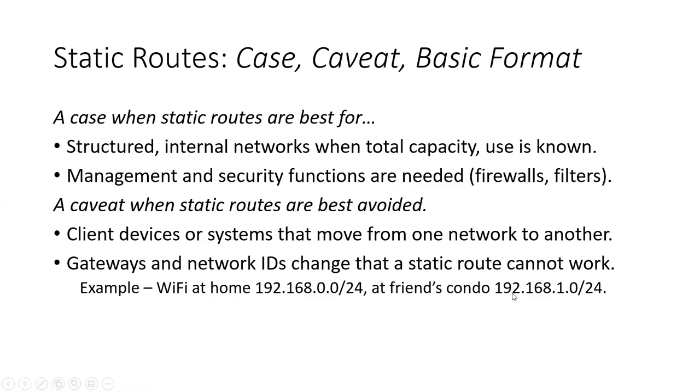All of a sudden you're on 192.168.1.0. Those are two different networks. Any static routes you created for this network will not work at your friend's condo, right? Or at campus, where we use a public network address range, 146.226. It's totally different. It's a public Class B address range.